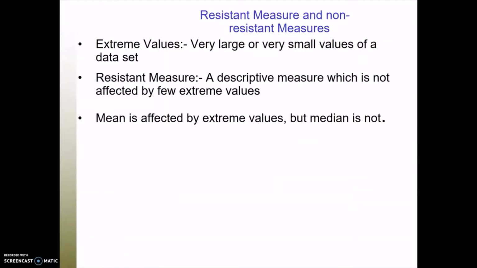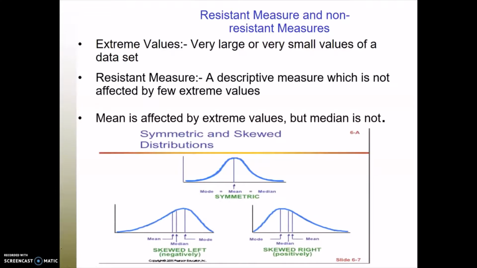Let us now see the position of mean, median, and mode in three situations. This is the data set we have. Look at this distribution. This is like a normal curve.